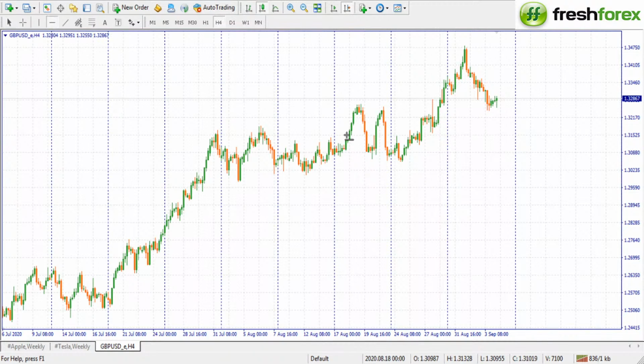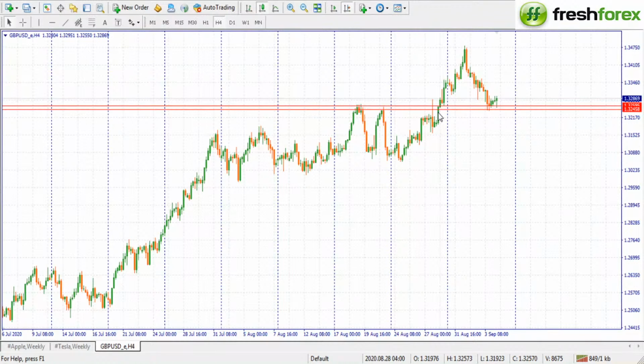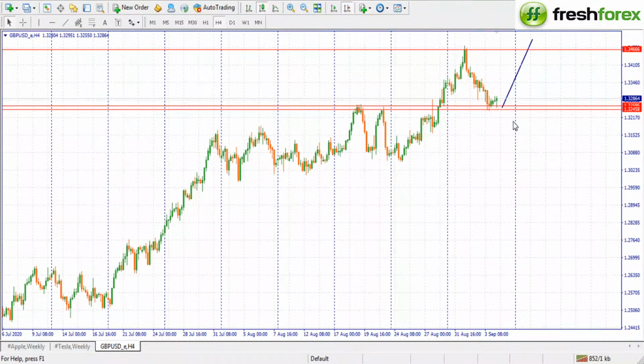So far, we have a resistance here, and here, and here, and there's a break above. As long as we continue to see sustenance above 1.32458, we do expect a continuation to the upper side. The idea now is just to wait for a clear bounce from this support, then pick a buy position, expecting that buy to take us up to 1.34666. Technically this should be the correct place to look for a buy from.